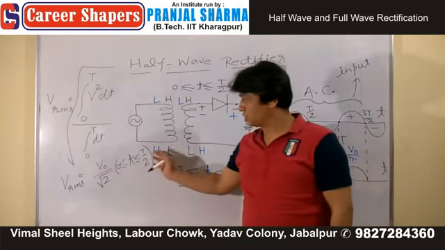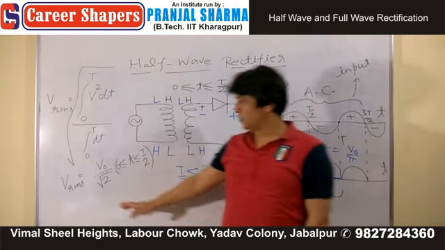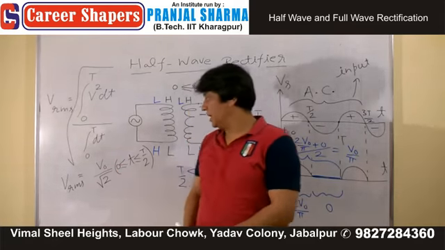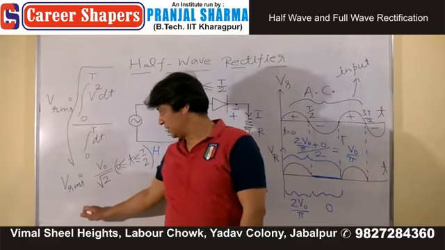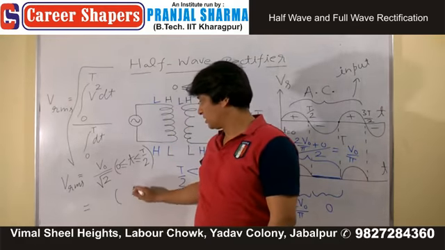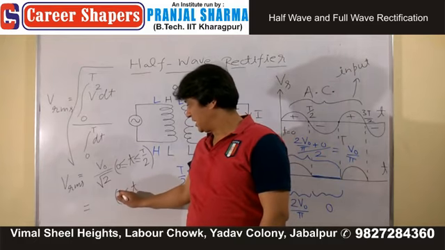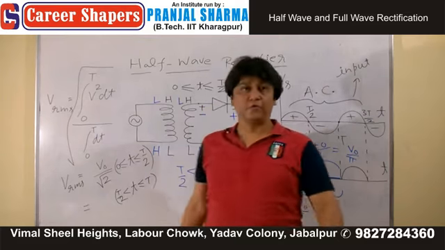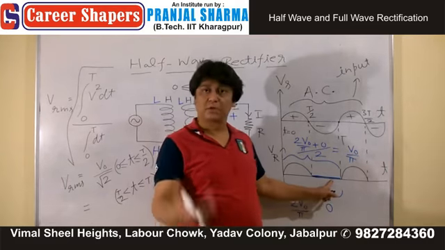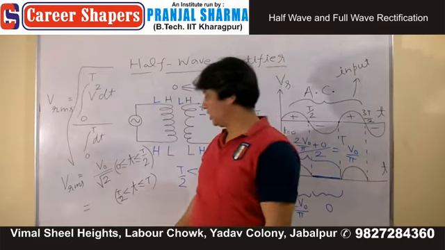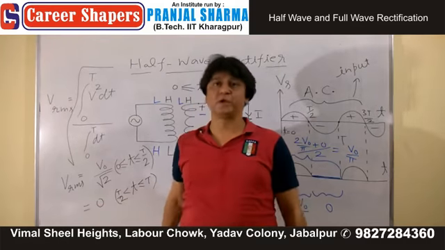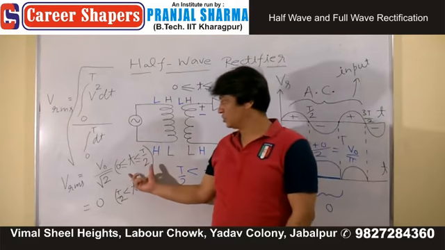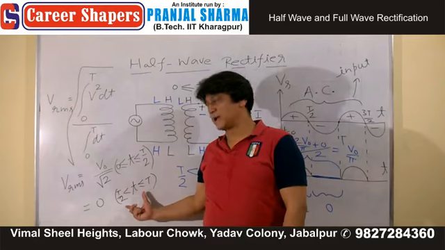For t greater than 0, less than T by 2, your VRMS is V naught upon root 2. It's the same thing. And if I ask you what is VRMS for t greater than T by 2 and less than T, for the next half, there is no current, there is no voltage. This thing is 0. These are the RMS values for first half and second half.